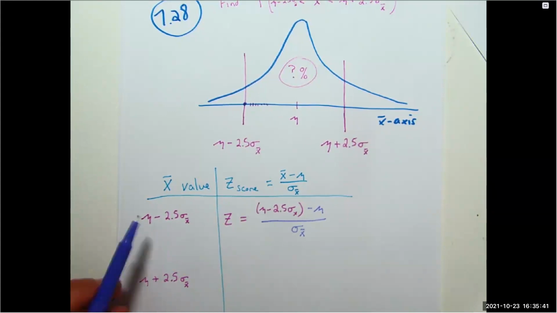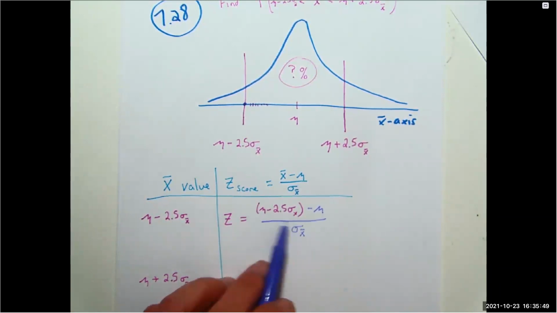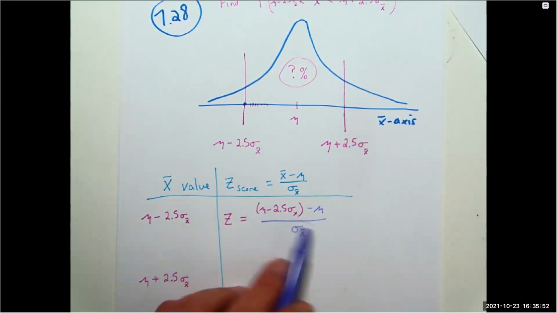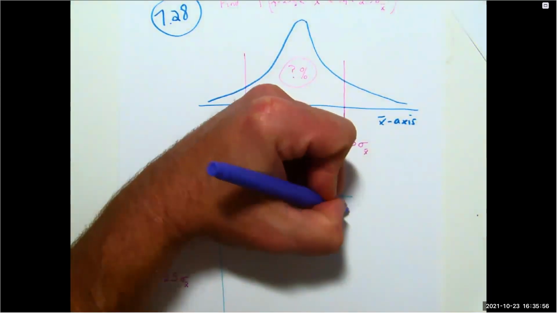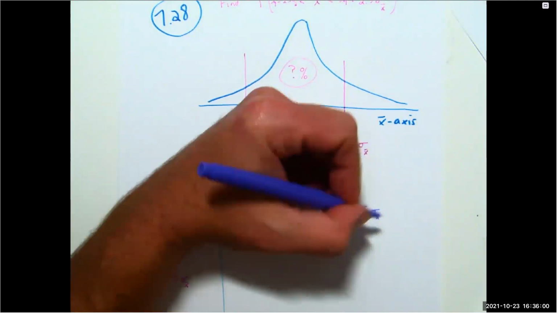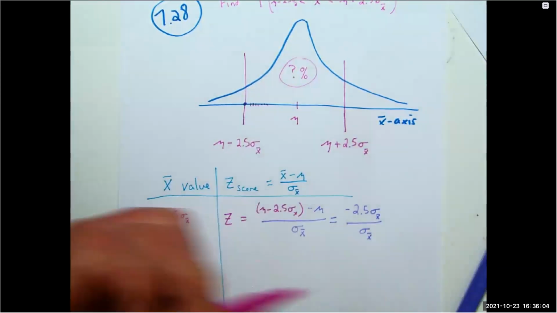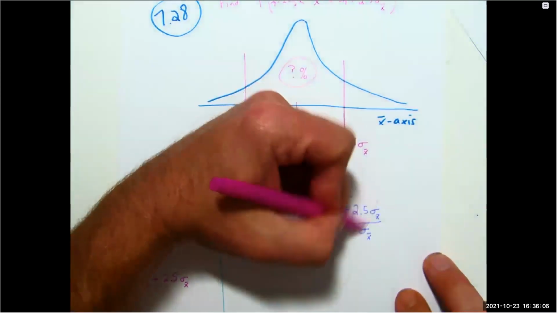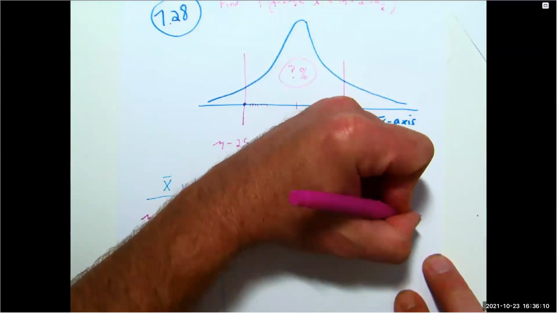So I plug that value in for x bar into the z-score formula, and I get this. And we can remove those parentheses, subtract mu from mu, and then the numerator is just negative 2.5 times sigma sub x bar, and then the denominator is sigma sub x bar. Now the sigma sub x bars will divide out, and we're left with the z-score of negative 2.5.